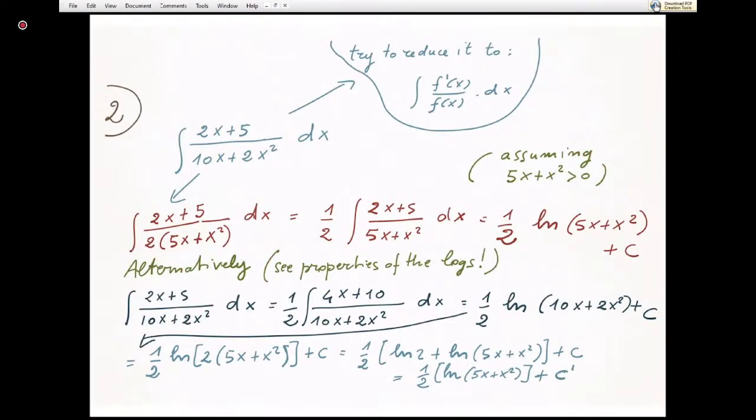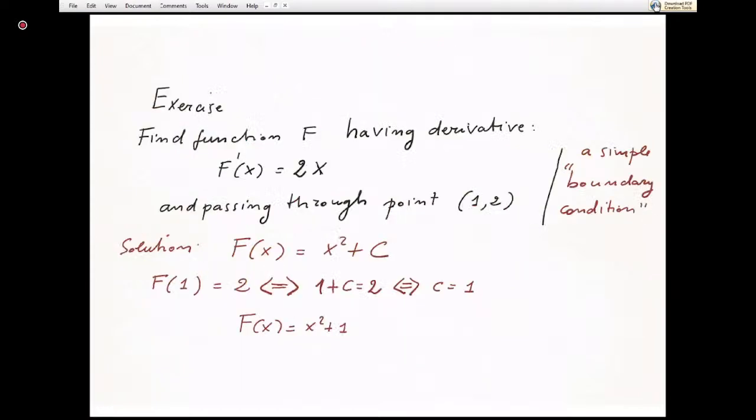Now, look at this other problem. Look at this one first, and then another more difficult one of the same type.